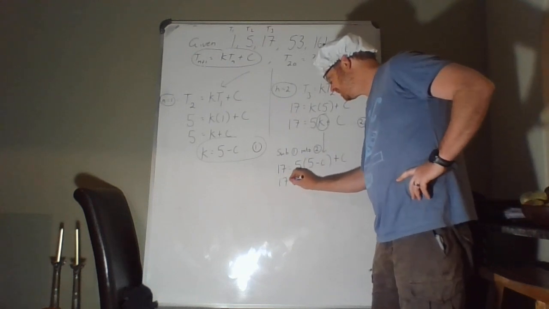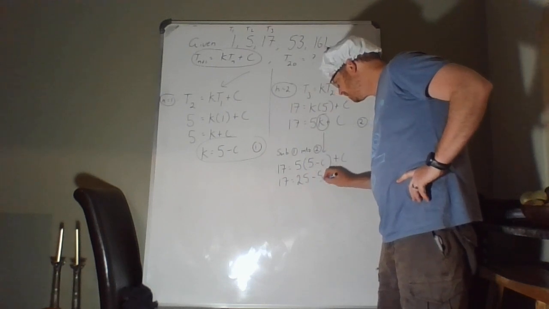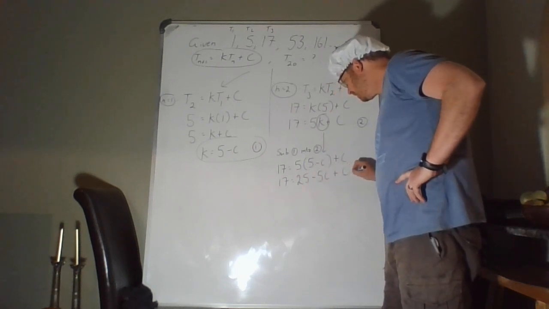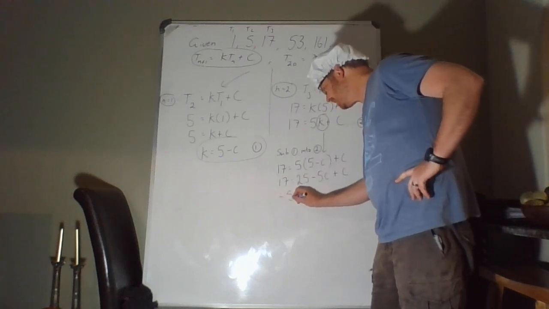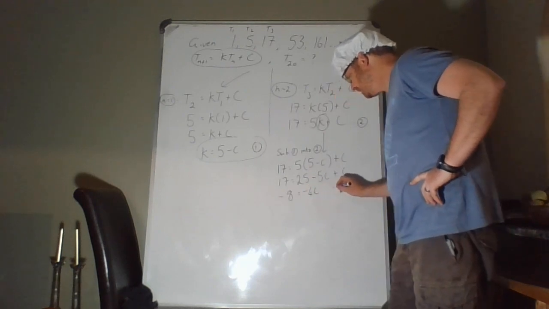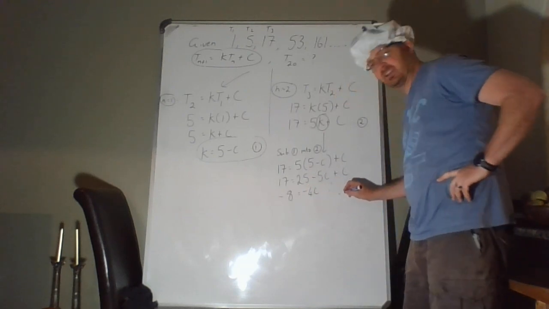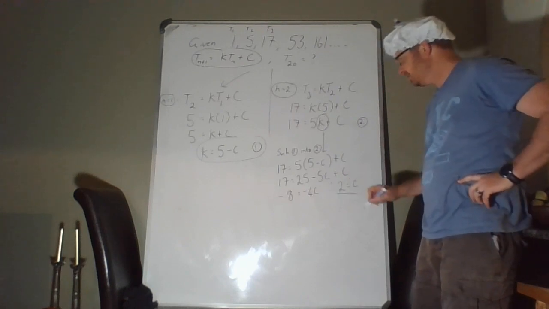So 17 is equal to 25 minus 5c plus c. So 17 minus 25 is negative 8. Negative 5 plus 1 is negative 4. So negative 8 is equal to negative 4c. Divide both sides by negative 4, and I get 2 is equal to c.